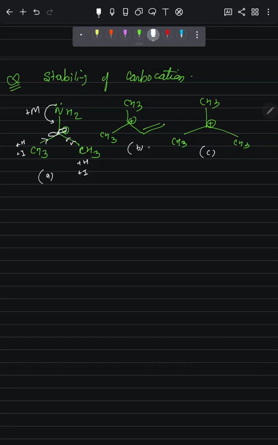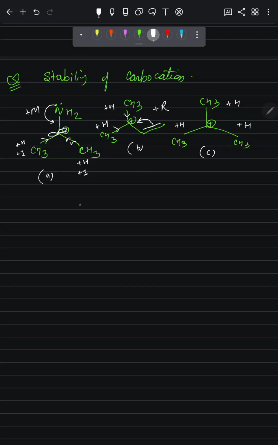So in B, this is resonance because of the double bond, so the conjugation will go from here to this positive center. This is plus R effect, and these are plus H and plus H. And in this molecule only plus H and plus H are present.